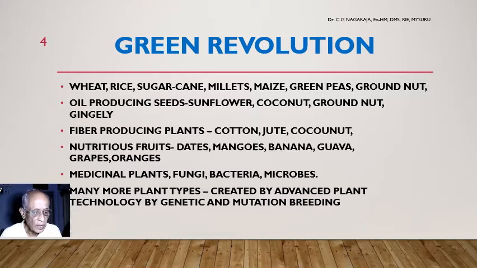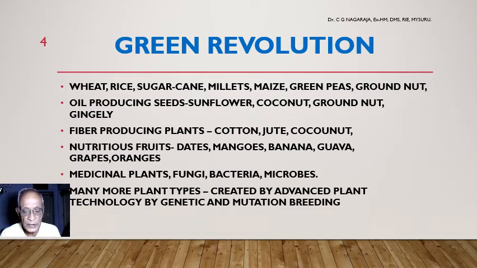a guava fruit will be weighing almost about half a kilo, and it will be seedless. So we have seedless dates, seedless mangoes. Sorry, mangoes are not seedless yet. Maybe they will come out with those. Grapes are seedless. So the grape industry is growing very well, and a large number of wineries have come up, and medicinal plants, fungi, bacteria, microbes are all subjected to genetic experiments, and they are produced in large quantities.